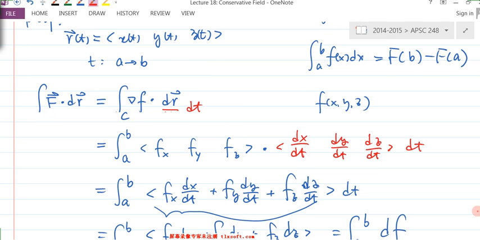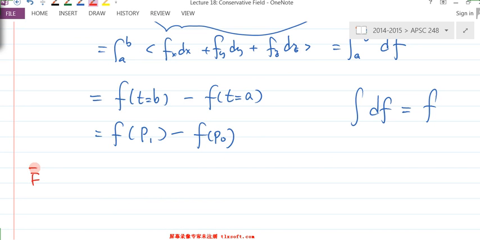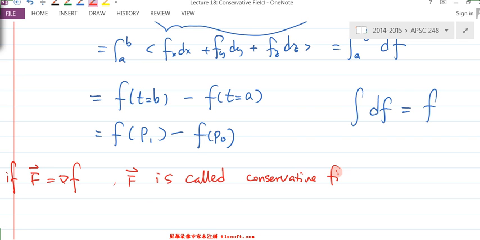So might as well write it here. If F equals this, then this vector field F is called a conservative field.